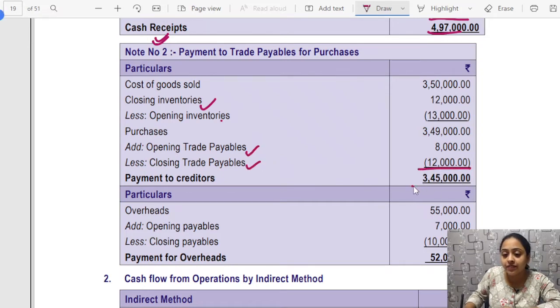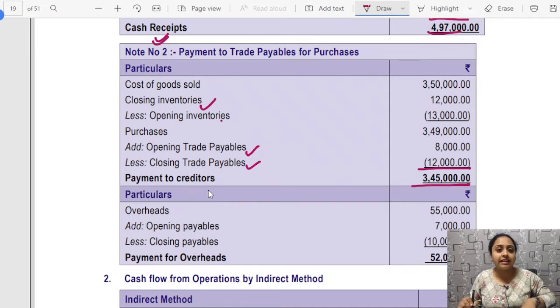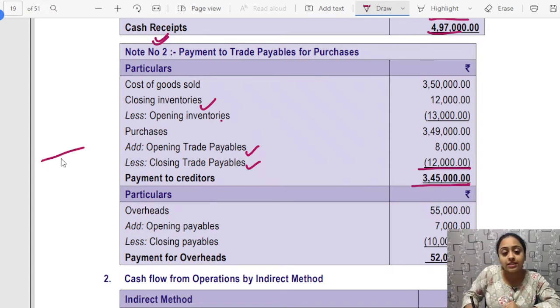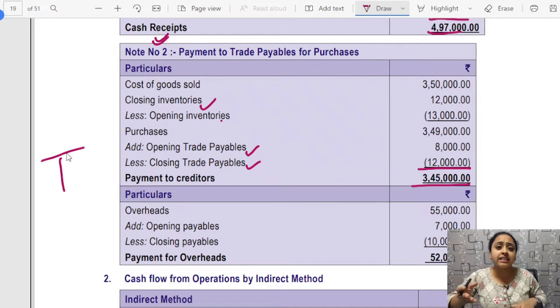That is how you get the payment to creditors, the final outflow of cash from the entity. Even if you are not very sure about this pattern, you can make a ledger for it. If debtors and creditors are increasing, the difference is always purchase and sale, so you can take out the purchase from the balancing figure. You can adjust this by making a ledger as well.